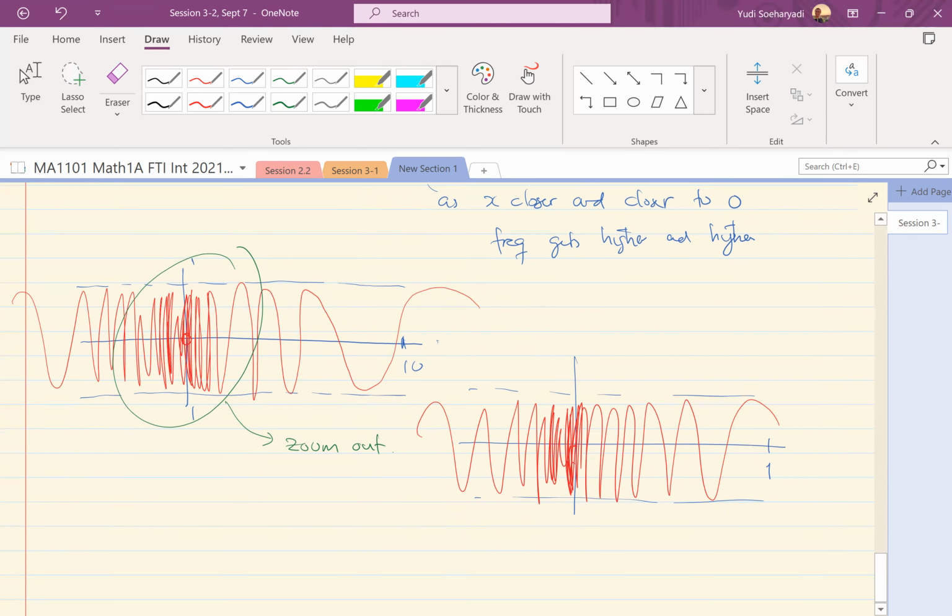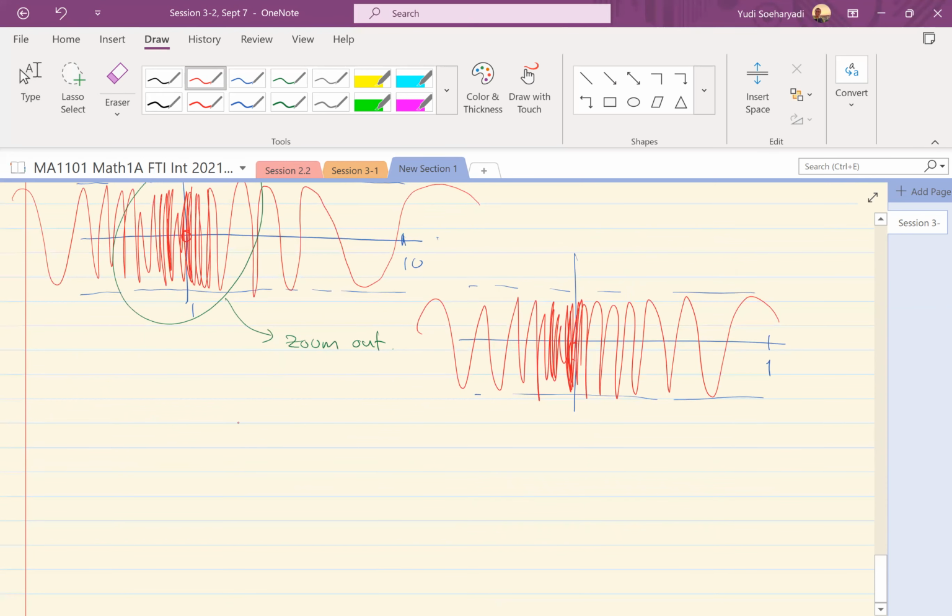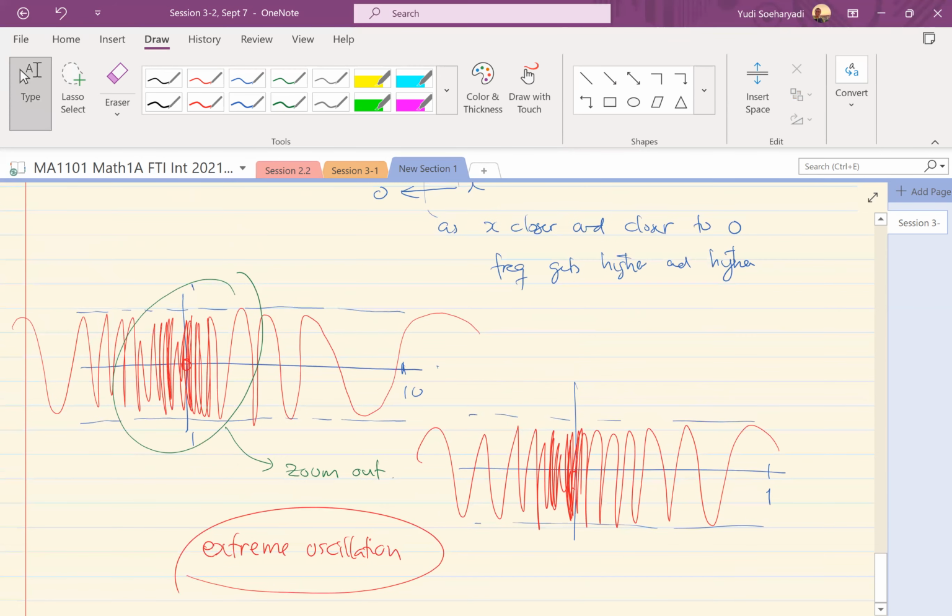Okay. So similar with this one. So, this kind of behavior, we call this extreme oscillations. All right, so back to the questions.